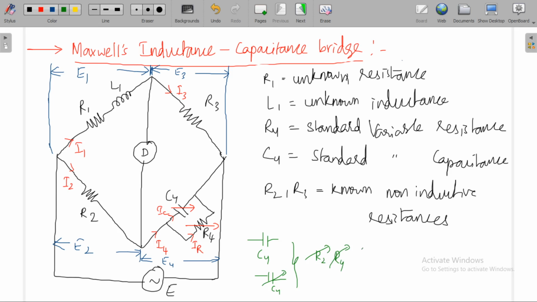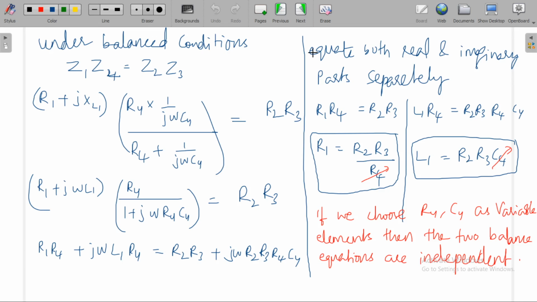So we are going to get difficulty in balance adjustment if I choose R2 and R4 as variables, because of not using a variable capacitor. If you use a fixed capacitor, then I should vary R2. But if I vary R2, I can't make these two equations independent of each other, because R2 is present in both equations.